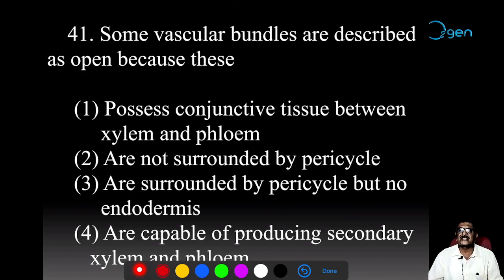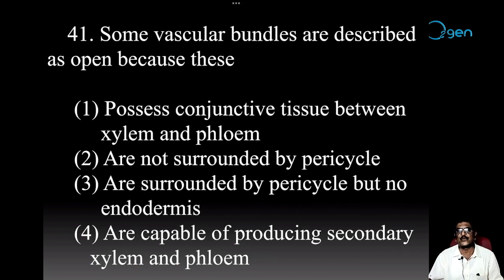41. Some vascular bundles are described as open because of these. For which one are we calling it an open type of vascular bundle? First, possess conjunctive tissue between xylem and phloem? No, it is wrong. Second, are not surrounded by pericycle? Wrong. Third, are surrounded by the pericycle but no endodermis.